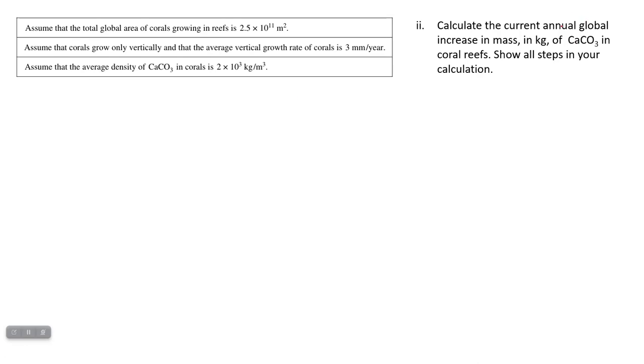So we need to calculate the current annual global increase in mass in kilograms of CaCO3. We have our number from the previous calculation, which was 7.5 times 10 to the 8th meters cubed of new coral. That's what we added in a year. All right. Now we need to find out how much of that is going to be calcium carbonate.